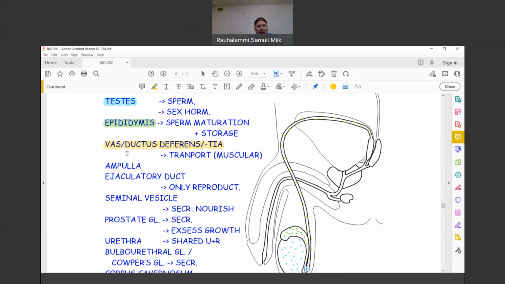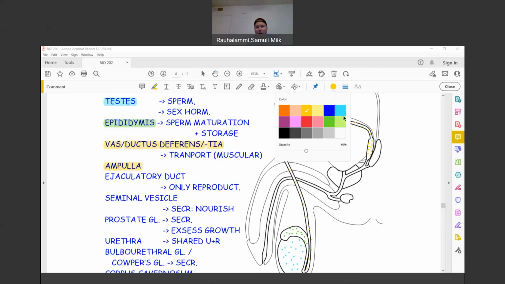What you'll notice is that at the end of the vas deferens, we've got this expansion, this chamber-like area. This area is known as our ampulla. It's on the posterior aspect of the urinary bladder. Something to notice there. Now we have two terms for the ducts that we can see.